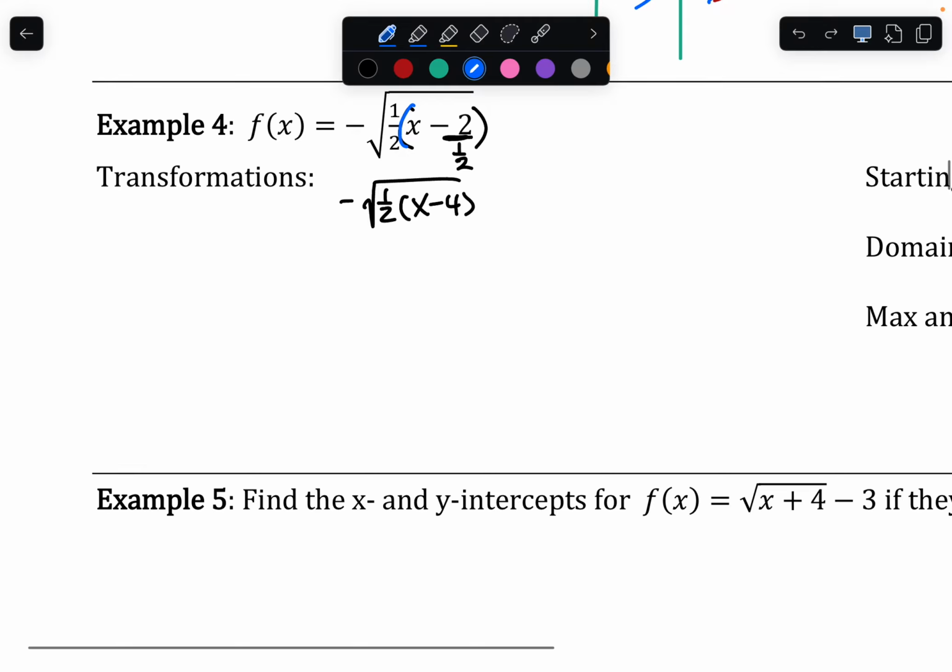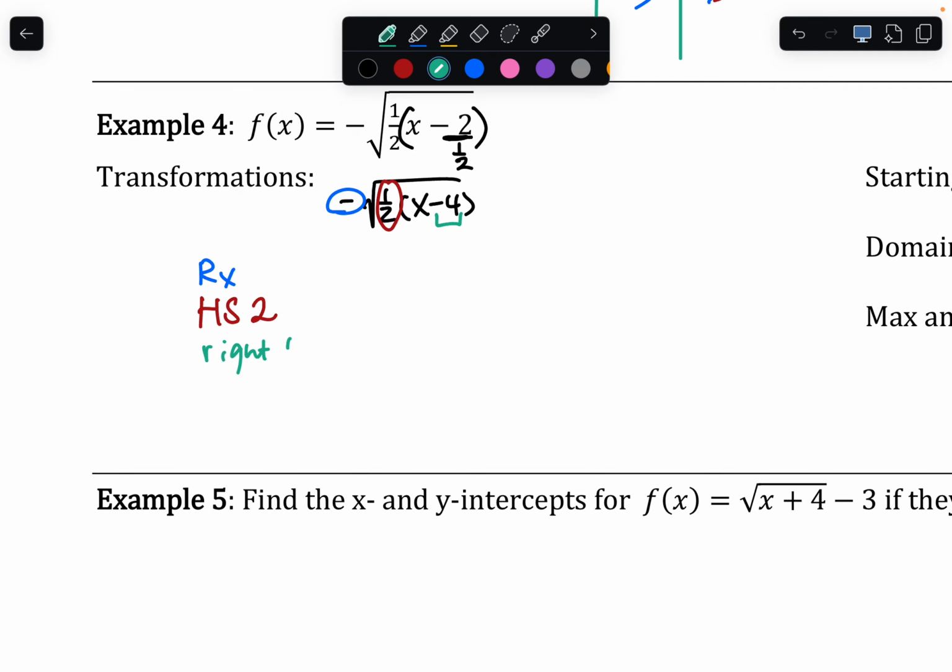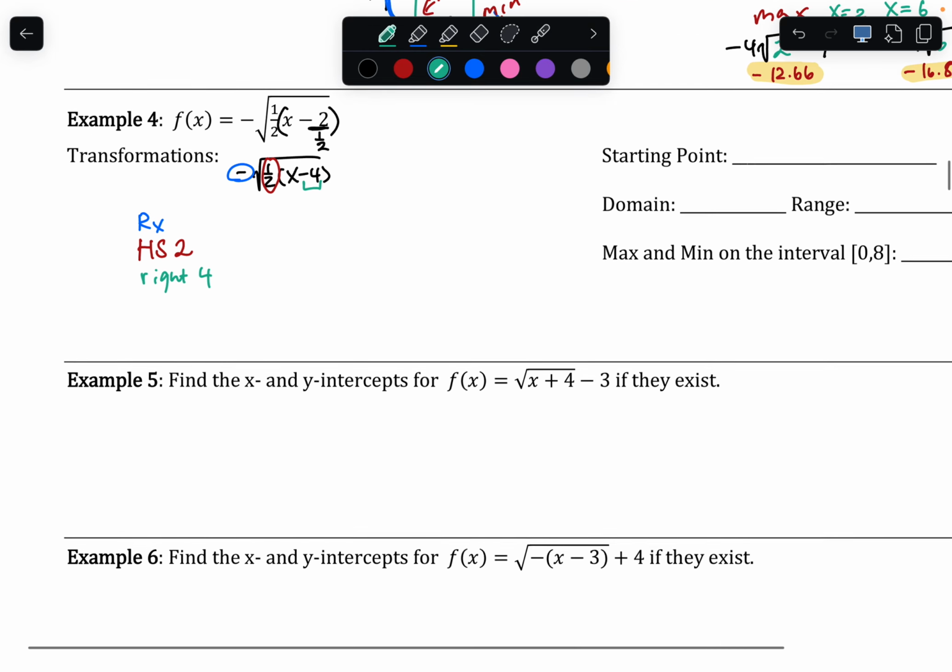Okay, so listing my transformations, I have a reflection across the x-axis. I have a horizontal stretch by 2, and then I have a right 4. Okay, so this time we didn't move up or down, just to the right 4, and so we would have 4, 0.